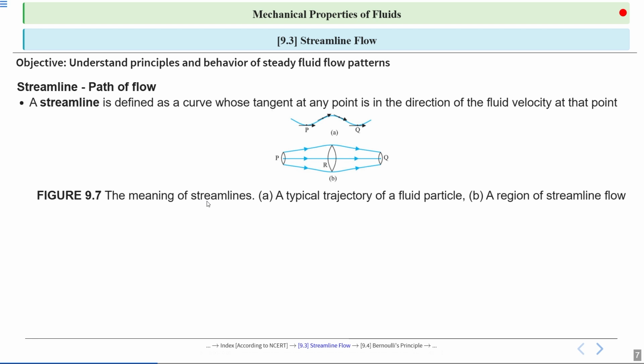So from figure 9.7, we can say streamlines never cross each other. This is because at any given point, the fluid can only have one direction of motion.